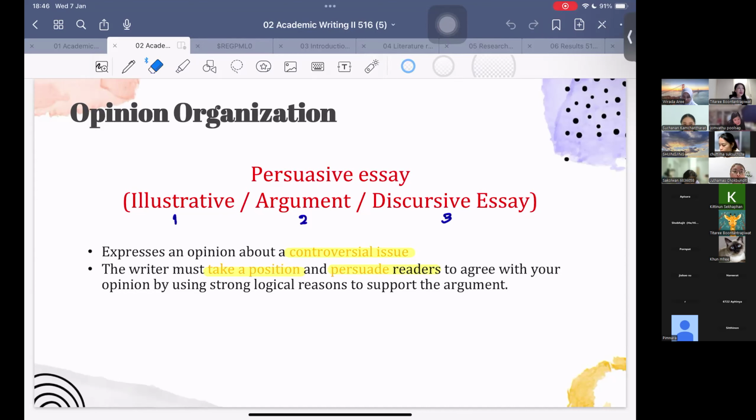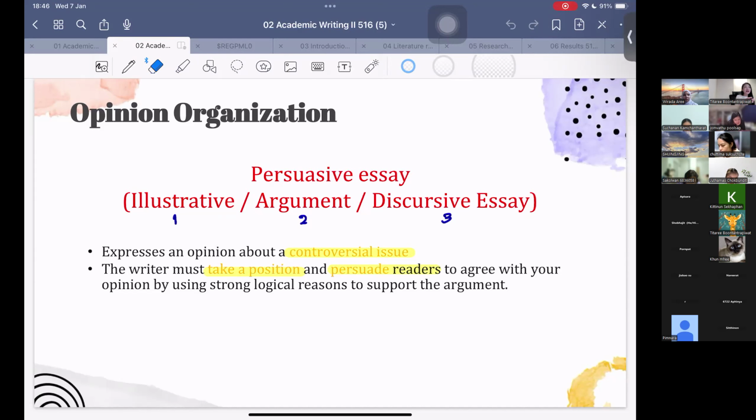When it comes to a persuasive essay or opinion essay, the topic you need to persuade someone about tends to be something controversial. Controversial means that some people agree and some people disagree.